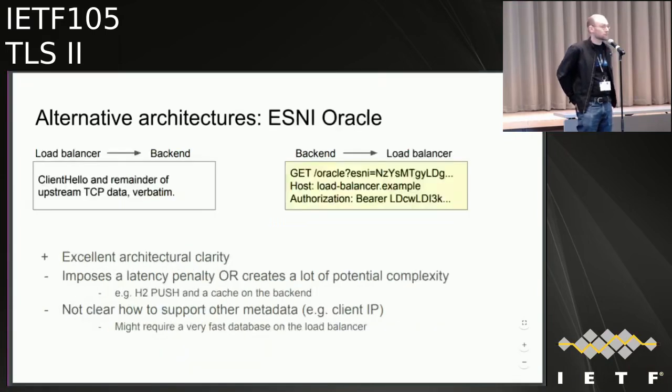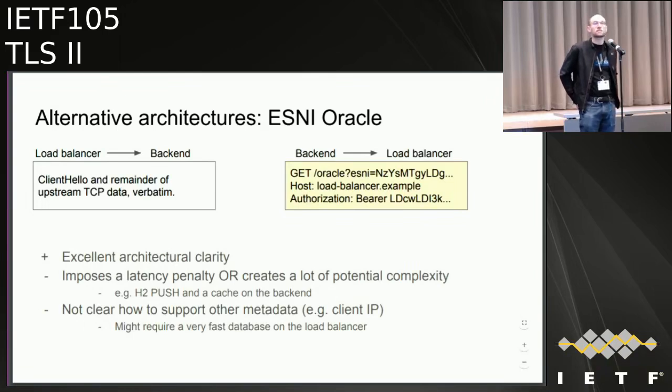Next slide. So another alternative architecture, this is my attempt to capture a proposal described by Martin Thompson, is to use an oracle to decrypt the ESNI. In the simplest implementation, that would mean that the connection is forwarded to the backend completely unmodified, and then the backend contacts an oracle and asks it to decrypt the ESNI information.